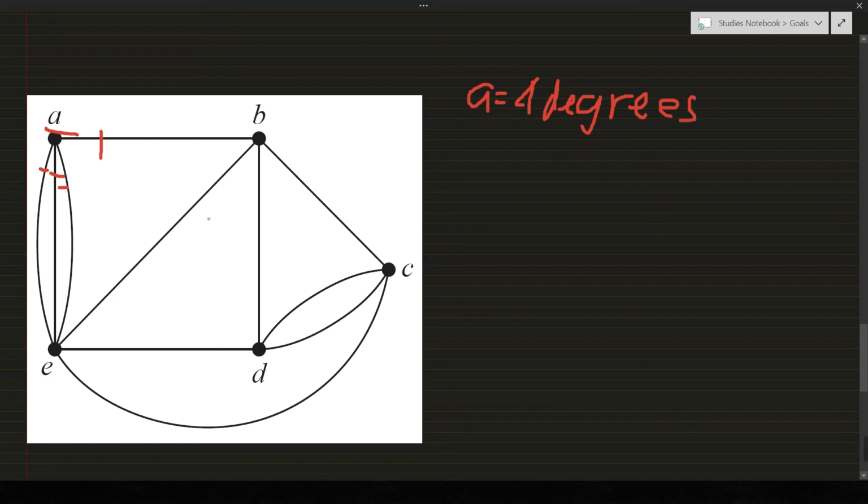Next, let's go to letter B. How many degrees for letter B? 1, 2, 3, 4. So 4 degrees also. Next, letter C. How many degrees for letter C? 1, 2, 3, 4.